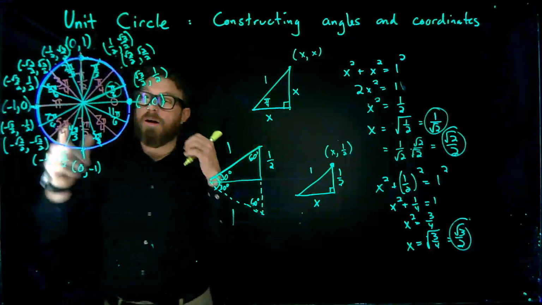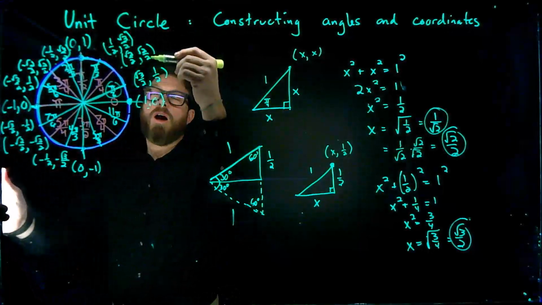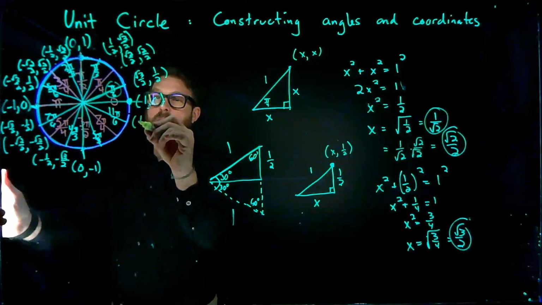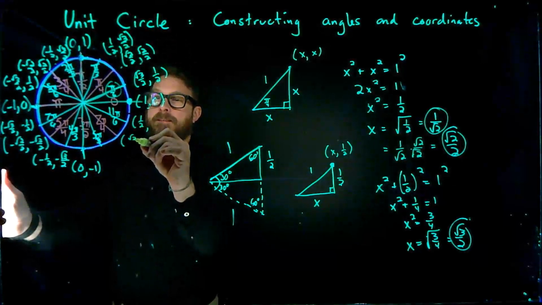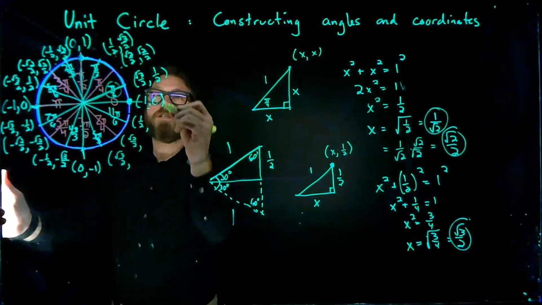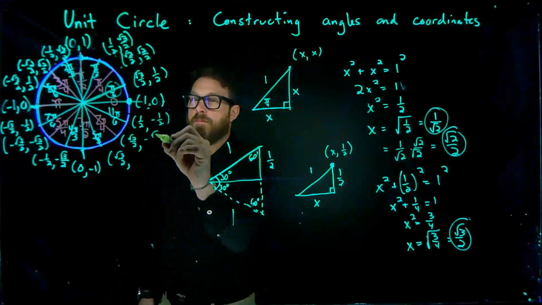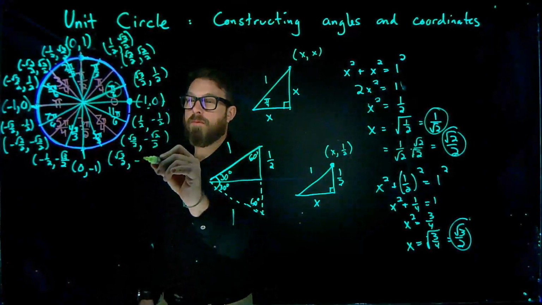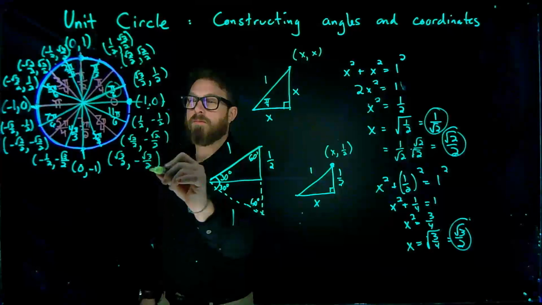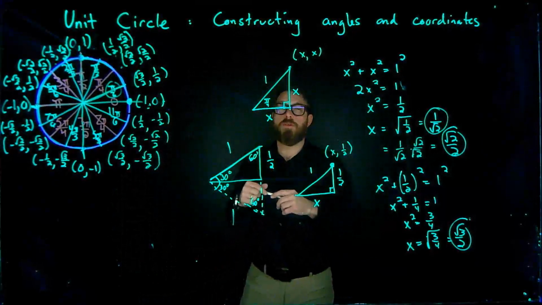And then flipping these things down, if I flip the first quadrant down, the x values will all be the same, but their y coordinates will now be negative. And that's really the proof of how we build that unit circle.